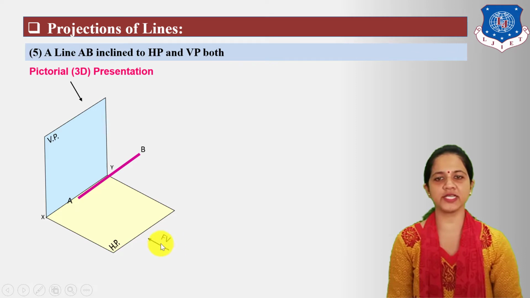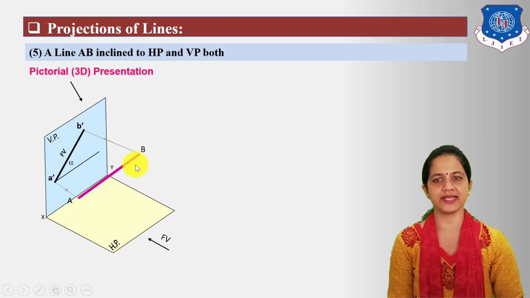When we take projection from front direction, we will get its front view on the vertical plane. It is an inclined straight line. The length of this inclined straight line is less than the length of given line AB, and the angle of this front view is alpha.